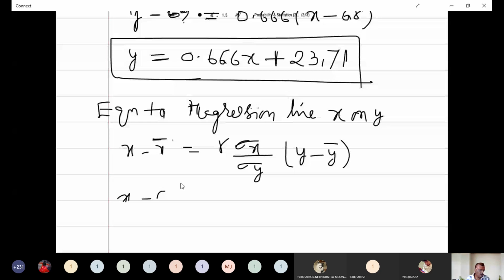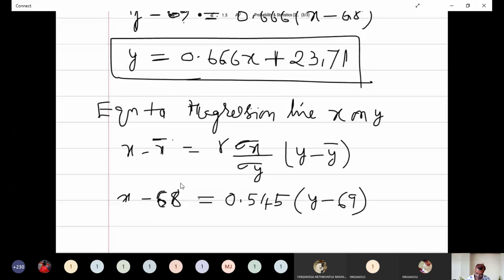What is the regression coefficient x on y? 0.545 into y minus y bar, where y bar is 69.